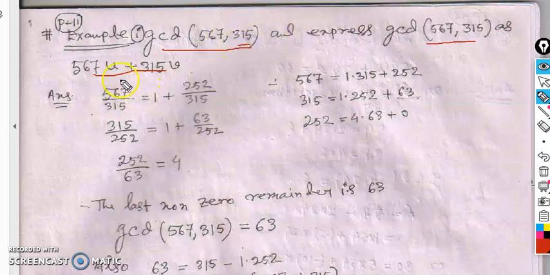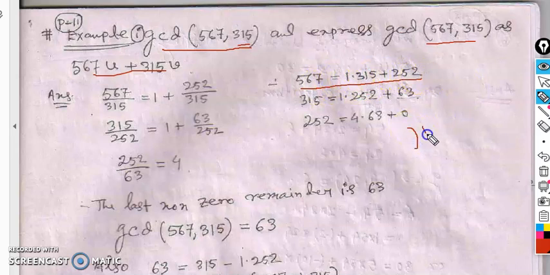So here, 567 divided by 315, what happened? For your understanding, we can write this as 1 into 315 plus 252. When we divide 567 by 315, the result is 1 into this plus this.